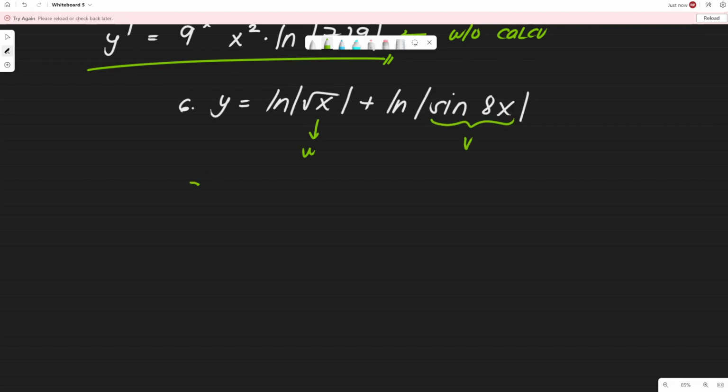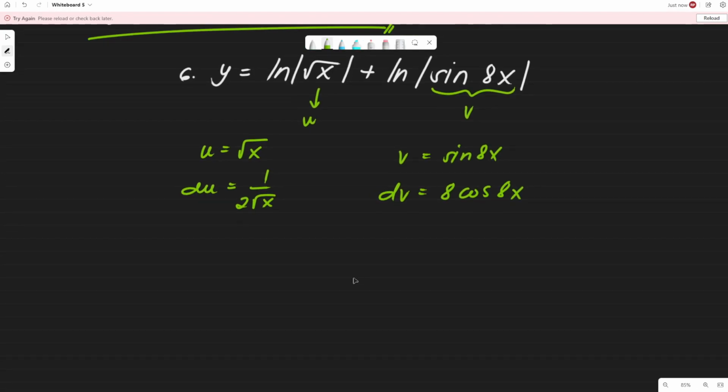So we have u is equal to square root of x. Du is just 1/2 or 1 over 2 square root of x. 'Di ba yung kanina natin? Then we have v is equal to sine 8x. Our dv is 8 cosine 8x.